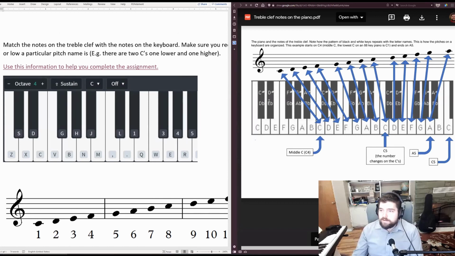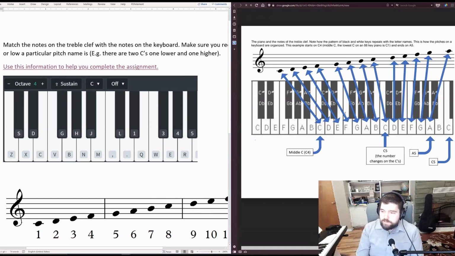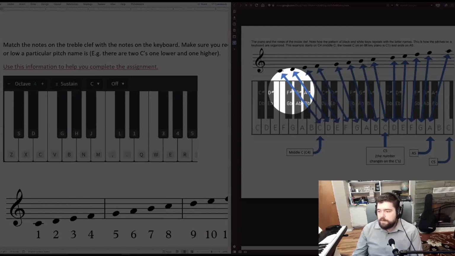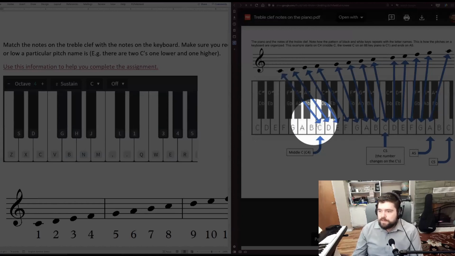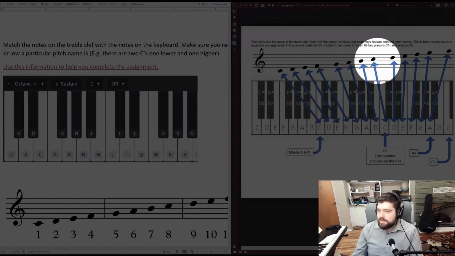Let me get my highlighter up. There it is. There we go. So right here, this one, that one is our middle C, and it's lower than our next C right there. That's F-A-C on the third space.